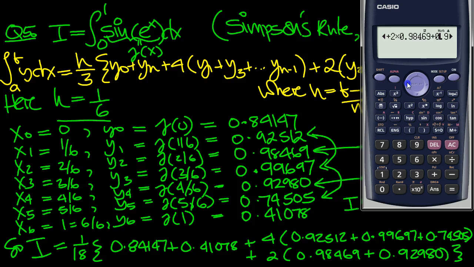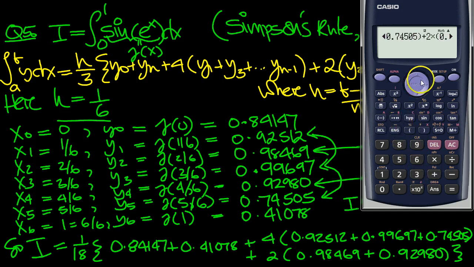Must have missed a bracket somewhere, so let's just go back quickly and have a little look as we toggle through. So it's 1 over 18 at the front, times bracket that number plus that number, 4 times that number, 3 numbers here, close bracket, plus 2 times, and then we had a bracket here for the 2 times, didn't we?